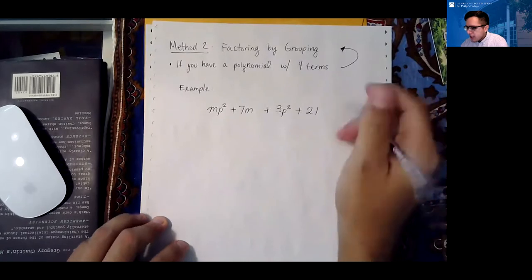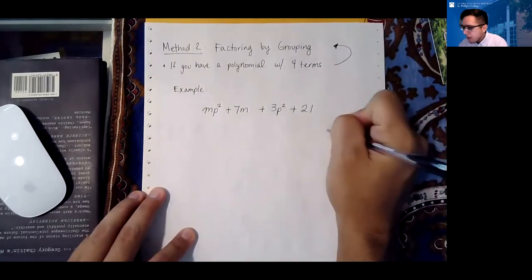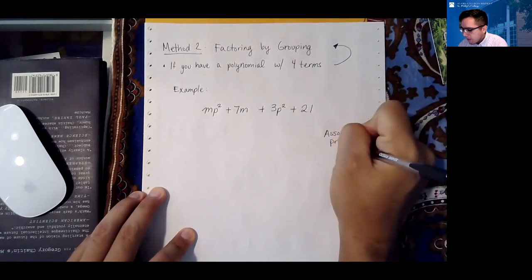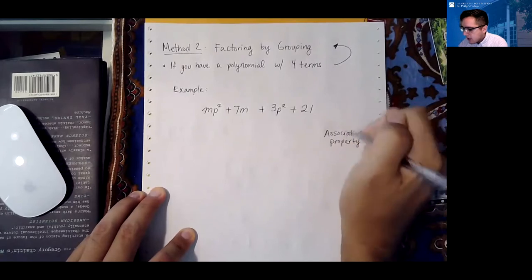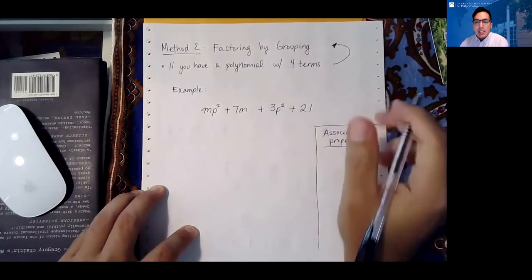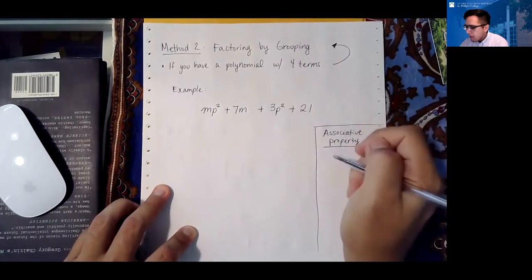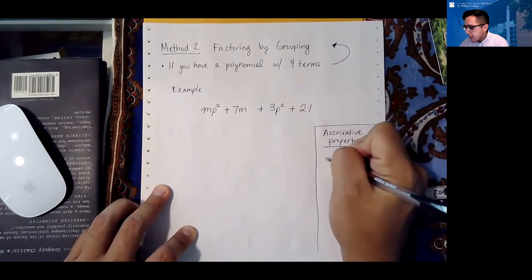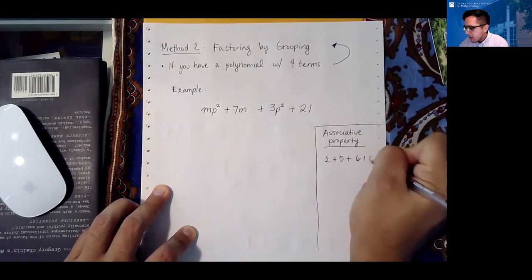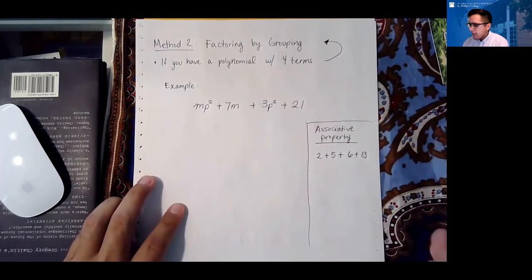So there's this neat property of real numbers, and it works for polynomial expressions too, called the associative property. And the gist of the associative property is this. When it comes to just an expression with numbers, if I'm adding 4 numbers, like let's say 2 plus 5 plus 6 plus 13, I could add that all up.